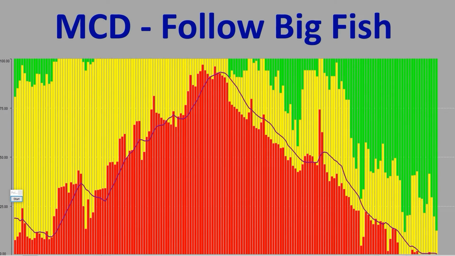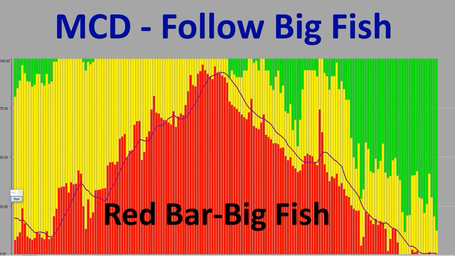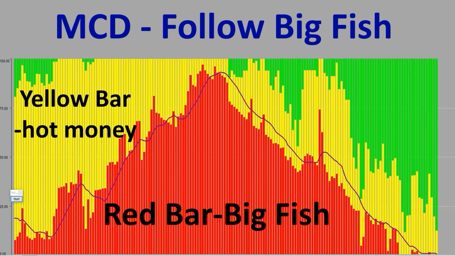For any stock, even the global indexes, if most parts are red bar, it means the big fish play here, and the price will be higher and higher. If most parts are yellow bar, it means hot money plays here, and usually the price will continue sideways, no big rise, also no big drop.